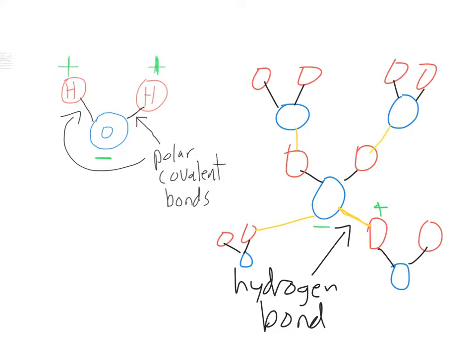So how many water molecules are bonded to this one in the center? 4. And you can just keep building and building upon this, right? So are hydrogen bonds weak or strong bonds? A single hydrogen bond by itself is weak. But if you put a bunch of them together, they are strong.